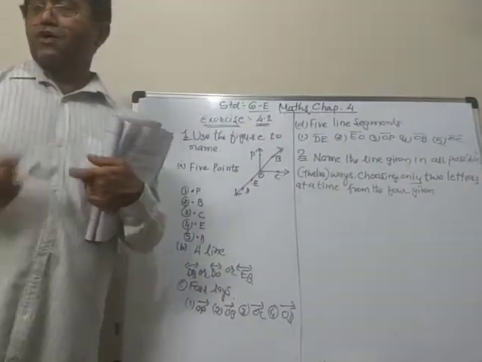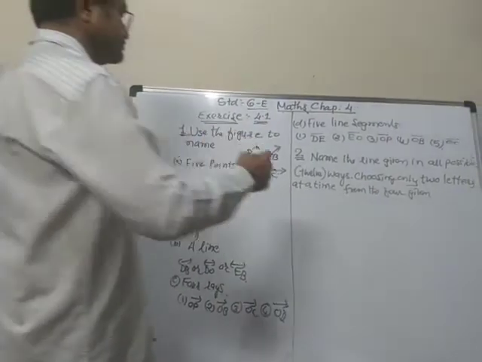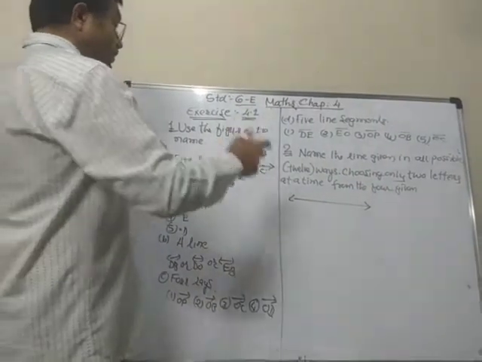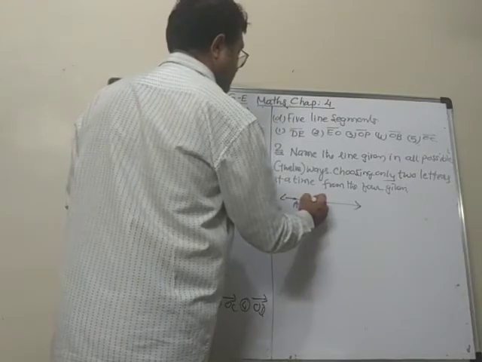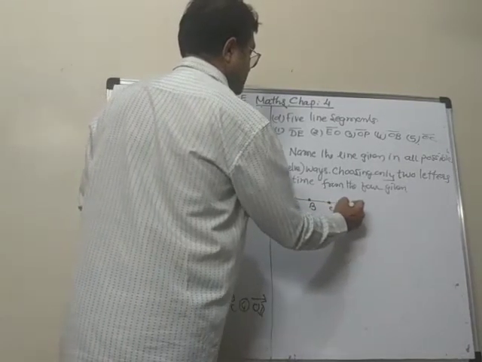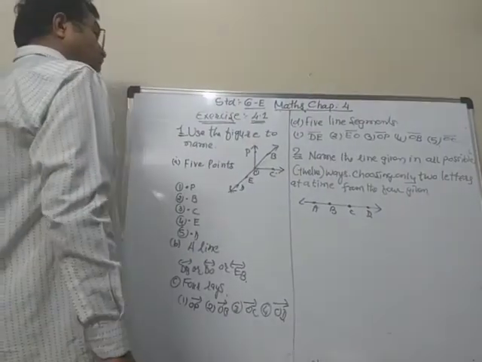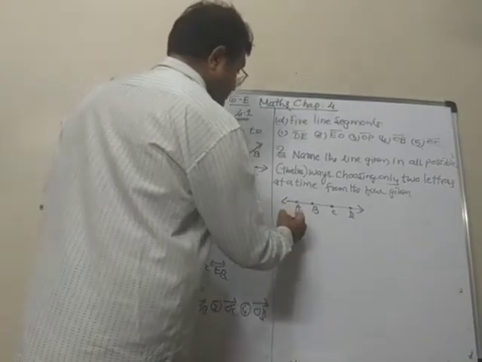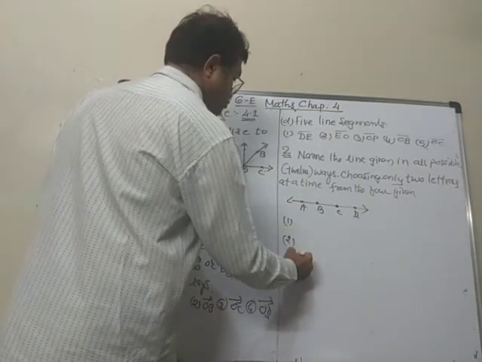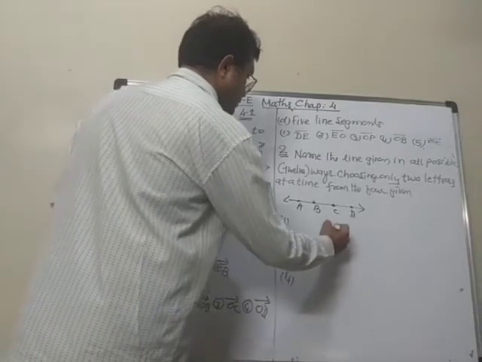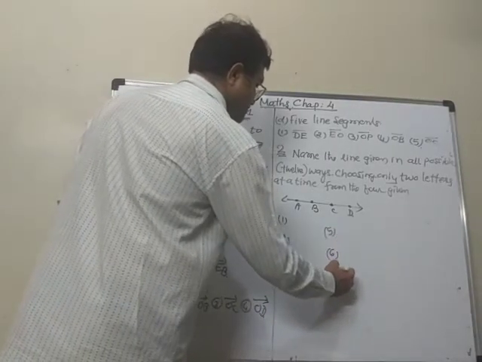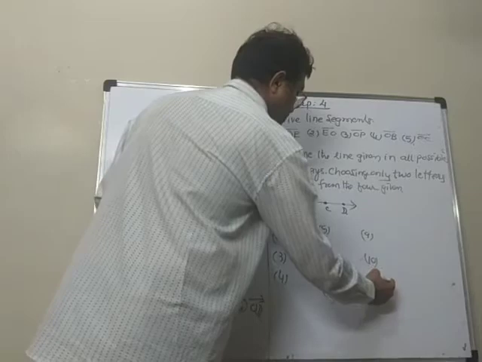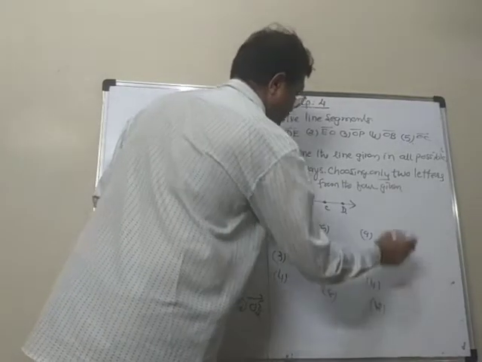So here on the figure, there are 4 points given: A, B, C and D. And we have to write down the line in all possible 12 ways. So we can write down 1, 2, 3, 4, 5, 6, 7, 8, 9, 10, 11 and 12 ways.